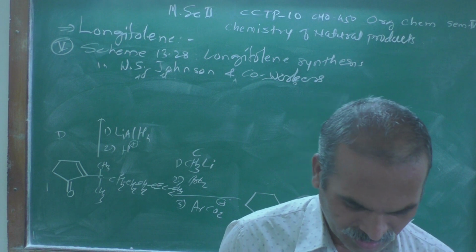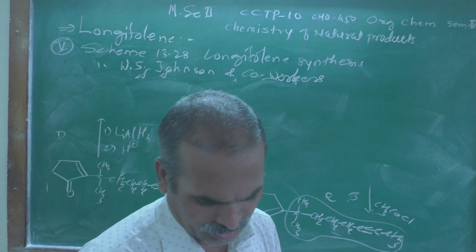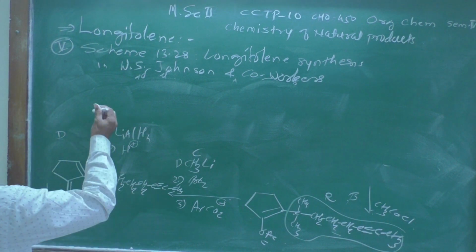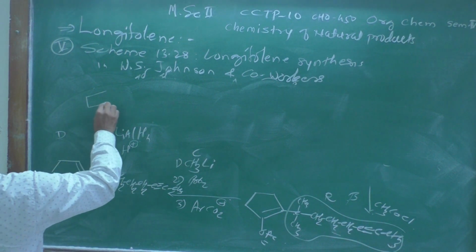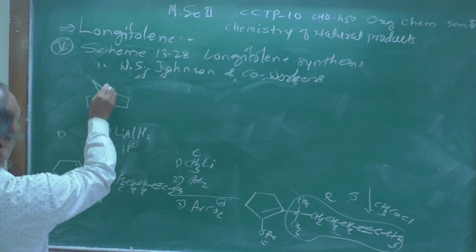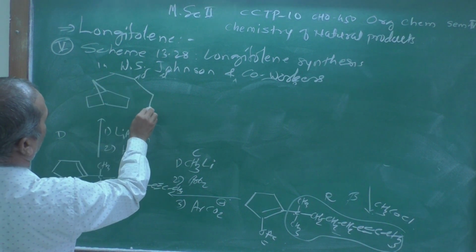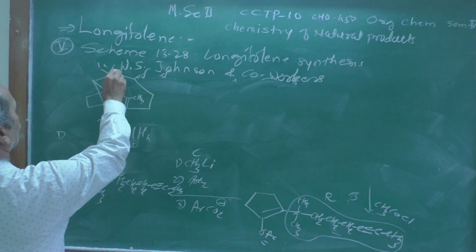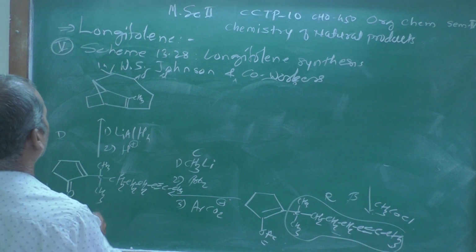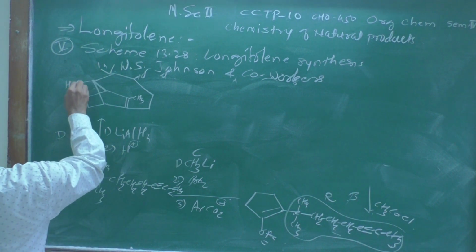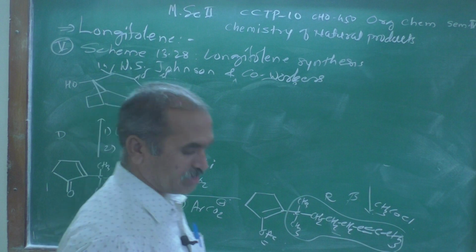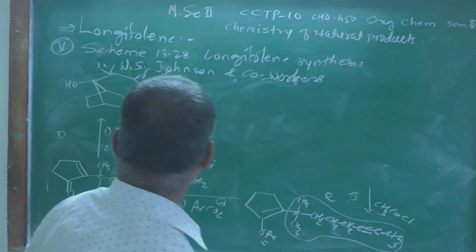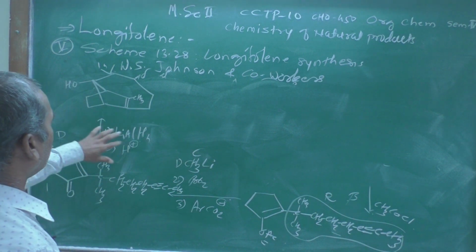This is formed very interestingly, and we are going to get the product, which is this one. Double bond here, methyl group, these two methyl groups are already there, and here we are getting a hydroxy group. So this is the product which we get after the treatment with D, lithium aluminum hydride.